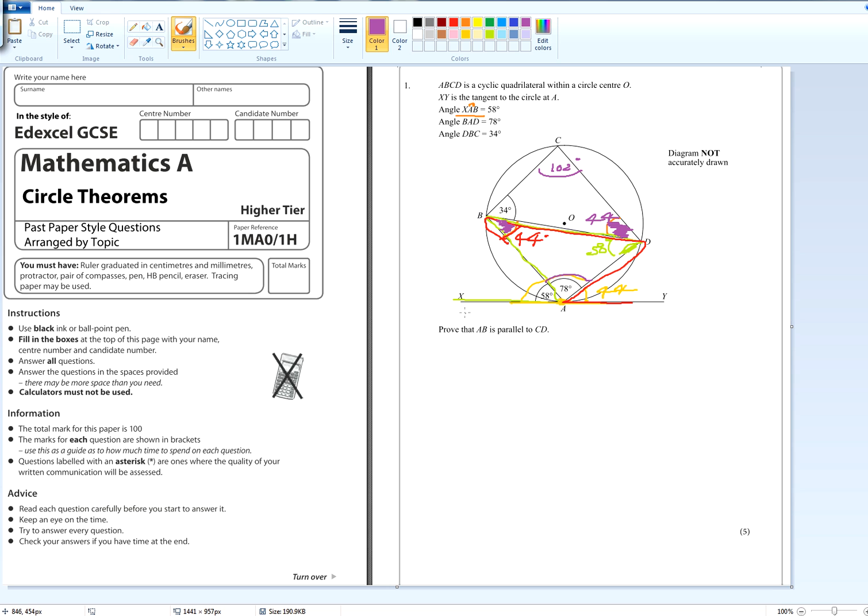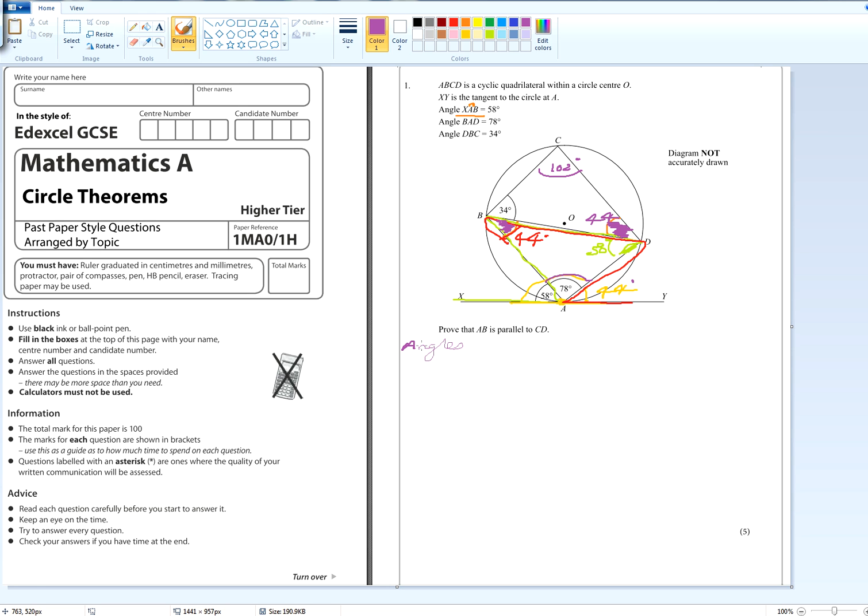We'll explain it. So first of all, let's explain this angle here. So we can say angles at a point on a straight line add up to 180. Okay, make sure you write it properly. Can we still see that? That's really thin, but can you still see it? Yeah.